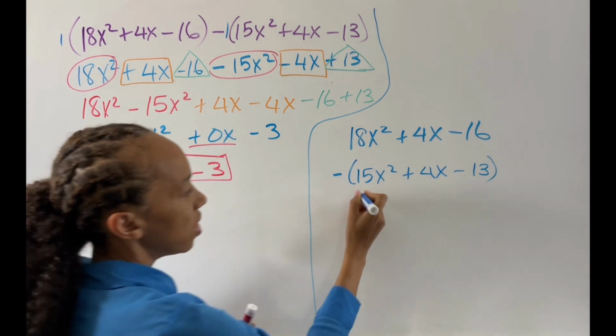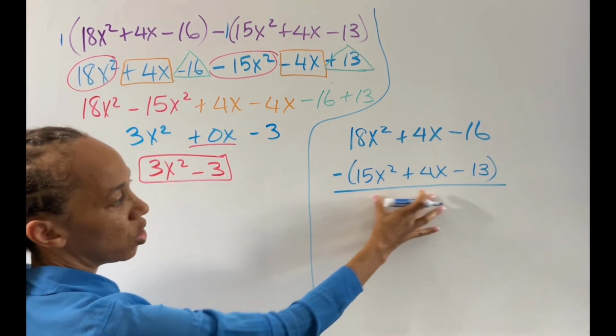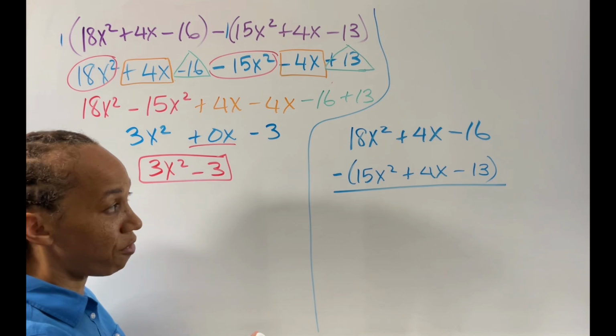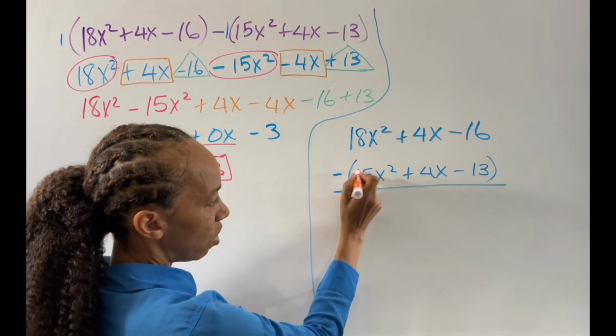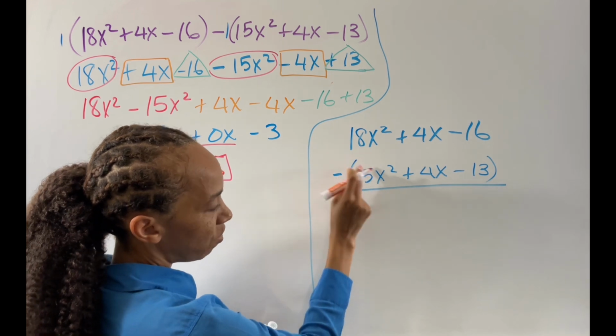So with this is a vertical method, so you notice that you have your line there. What you're going to do now is that because you have the negative outside of the parentheses here, you know that, okay, this will have the negative, so you can drop that.